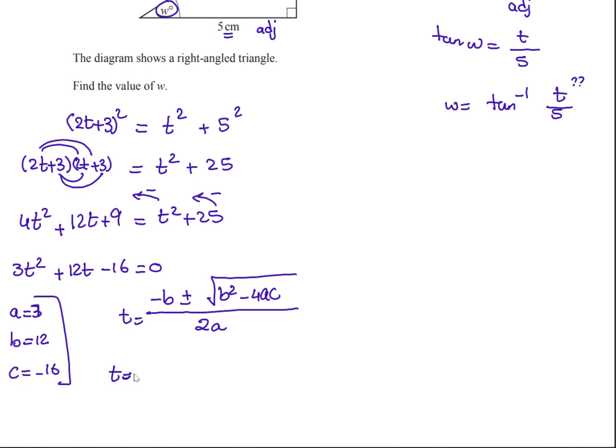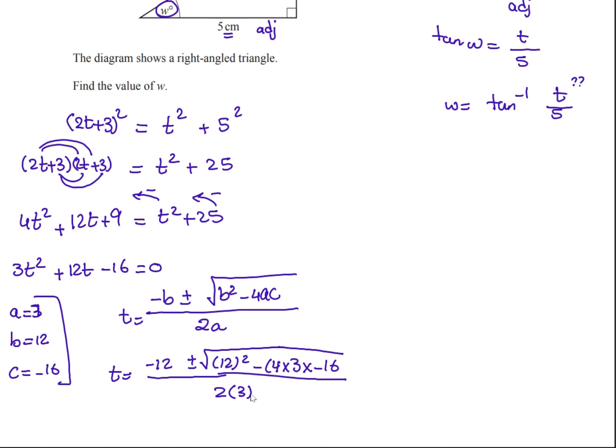So t equal negative 12 plus or minus root 12 square minus 4 multiplied by A, which is 3, multiplied by C, which is negative 16, over 2 multiplied by 3.